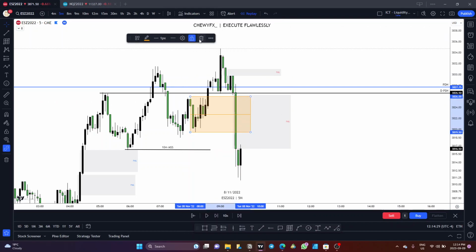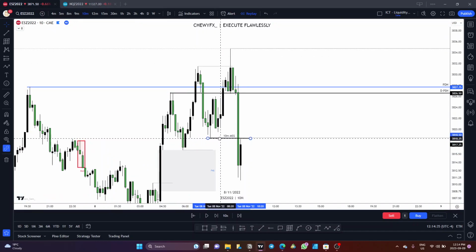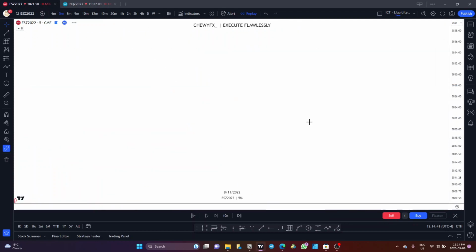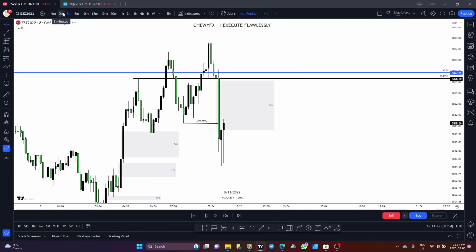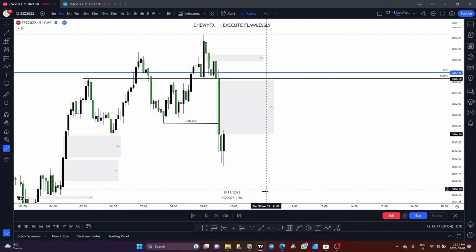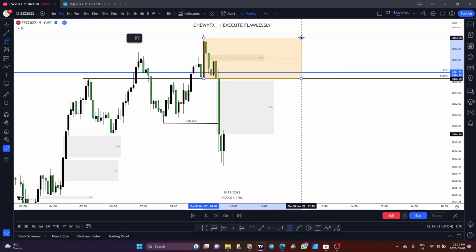Okay, so the EM2 10-minute market structure shift would have occurred here, and then we can see we have a very, very nice candle body break there as well. And then if we use the 5-minute time frame, we can see that we do have our order block right there.